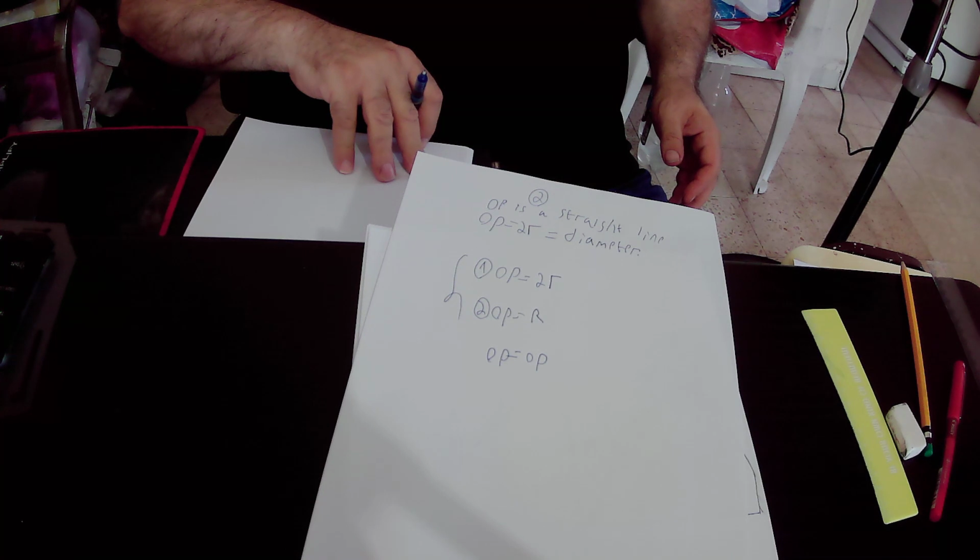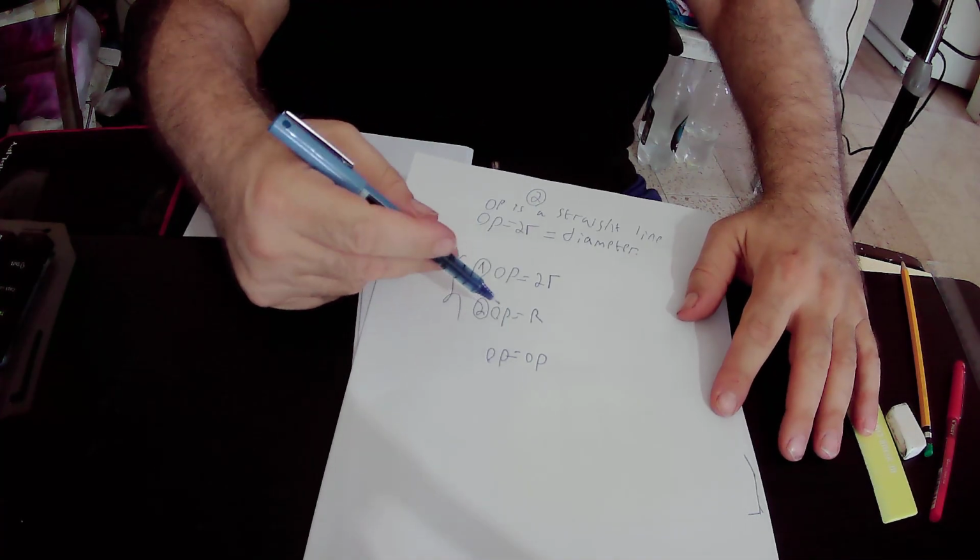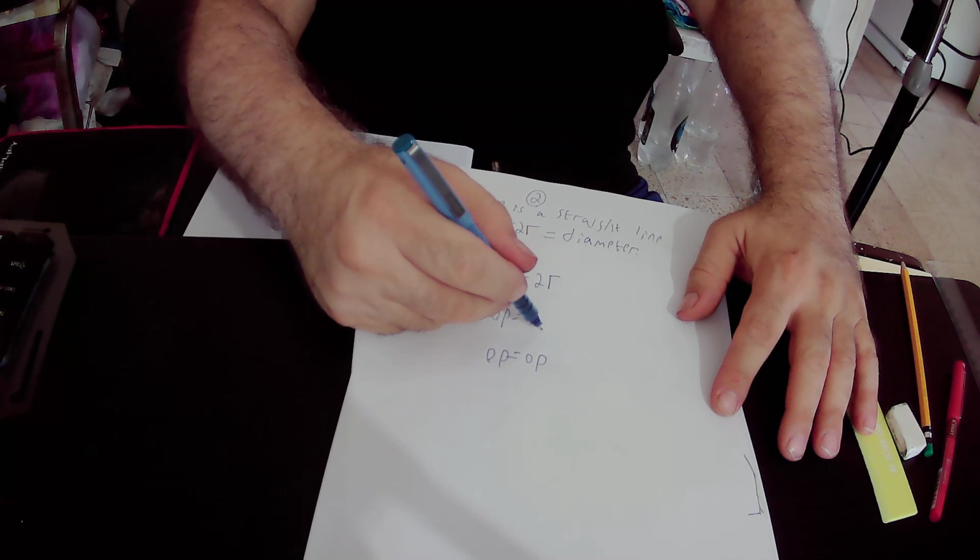So we can deduce from it that the radius of the semicircle is twice as large as the radius of the yellow circle, because OP equals OP.